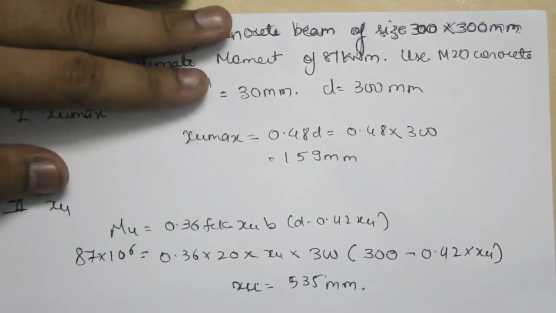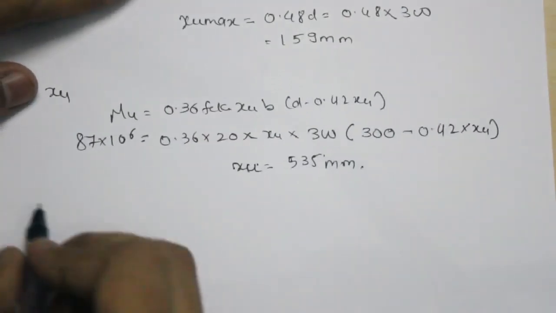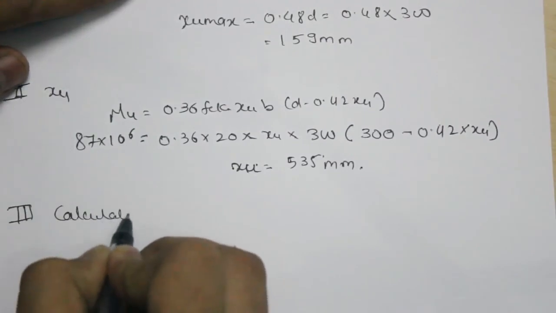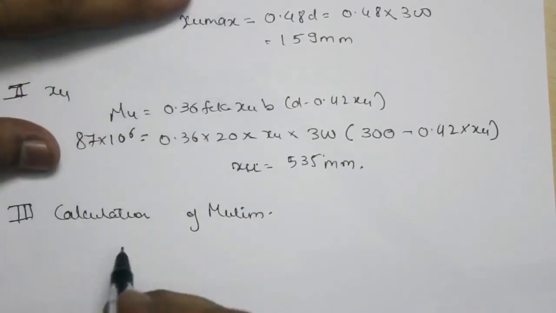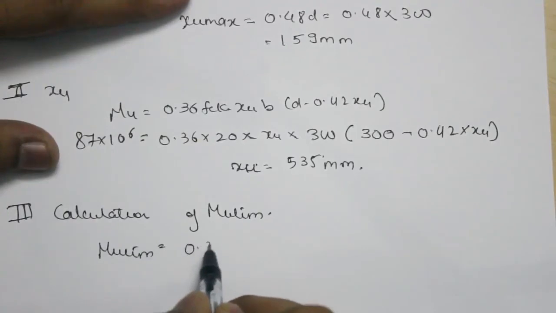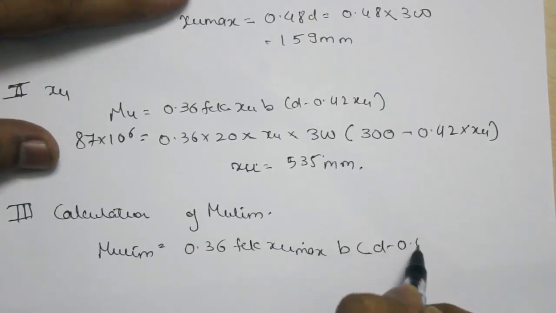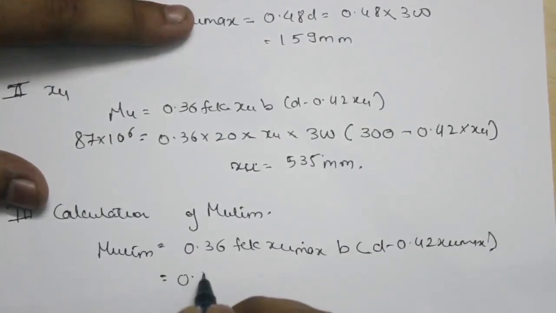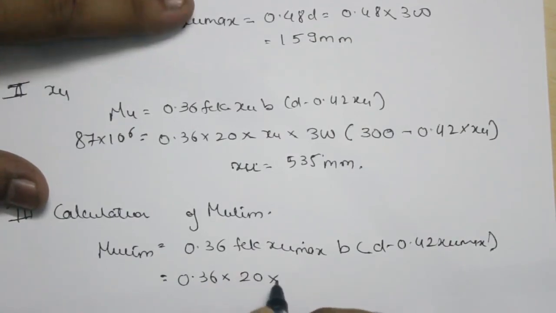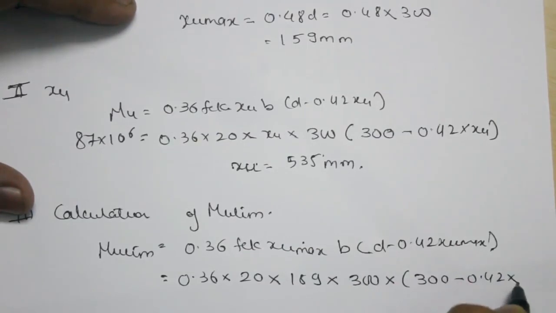Always the first step would be to calculate the maximum ultimate moment of resistance, which will be taken up by the first beam. 0.36 multiplied by FCK, which is 20, and XU max we already found out, 159 mm, multiplied by 300, which is the width, again 300 is the depth, multiplied by 0.4 minus 0.42 into 159.